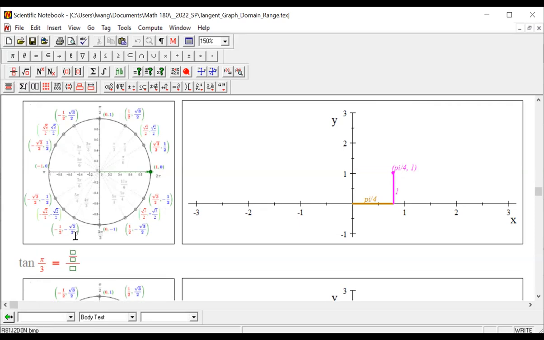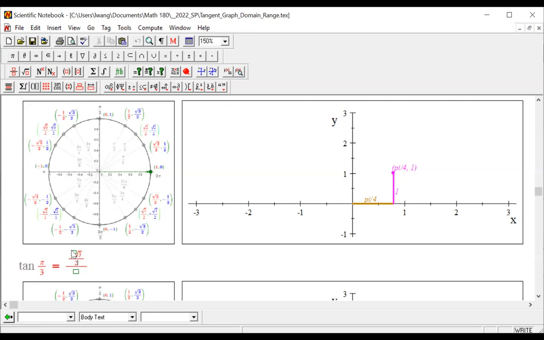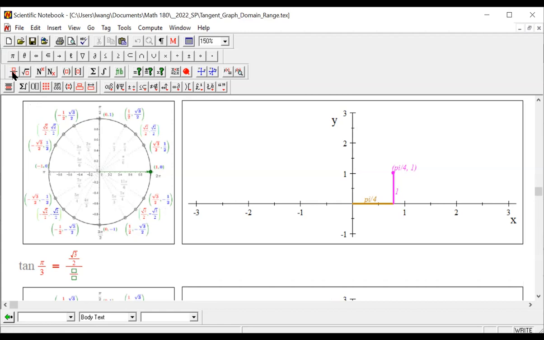So we're going to do root 3 over 2 over the denominator, which is half. And if we multiply the top and bottom by 2, we get root 3.